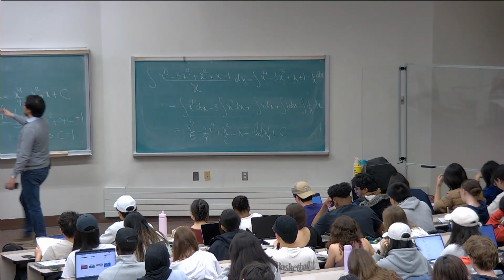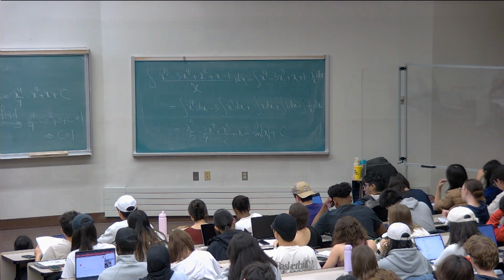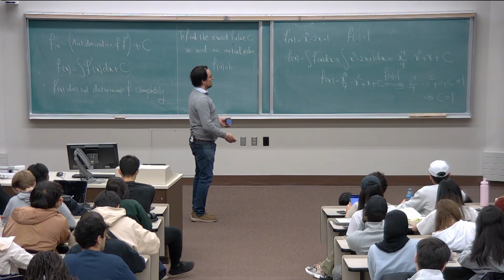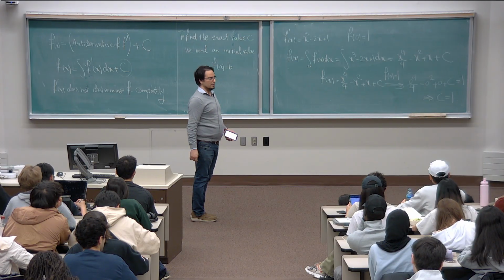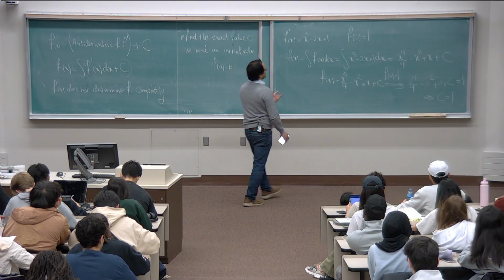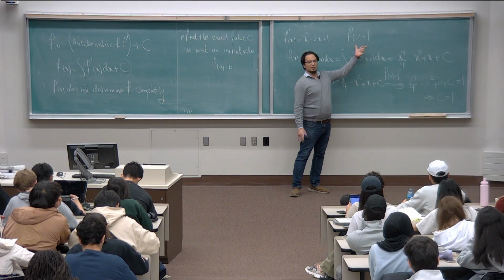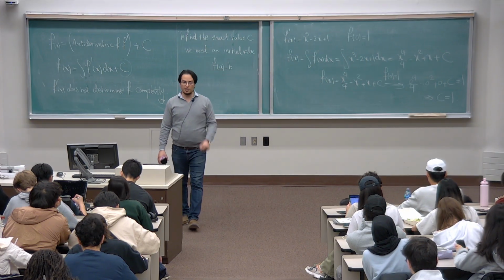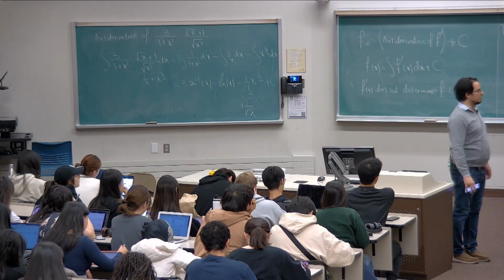Only knowing this extra piece of information would tell me what is my actual function. This is sometimes called the initial value condition for our equation, or for our function.